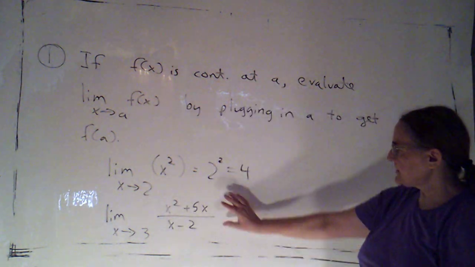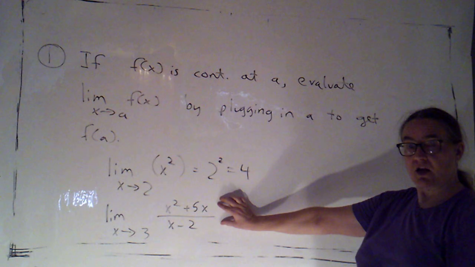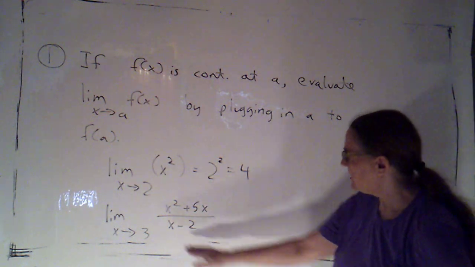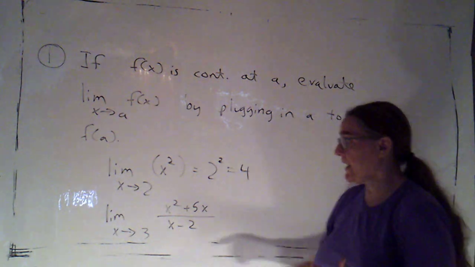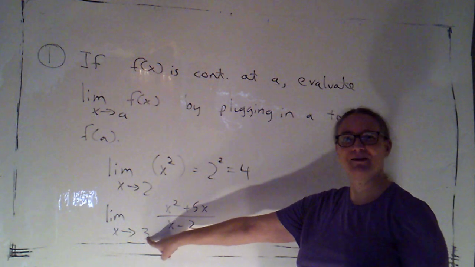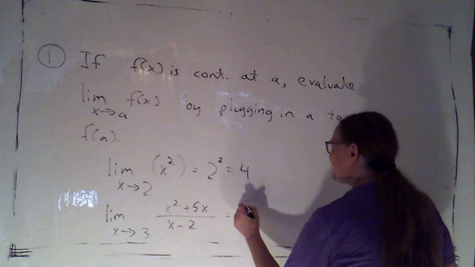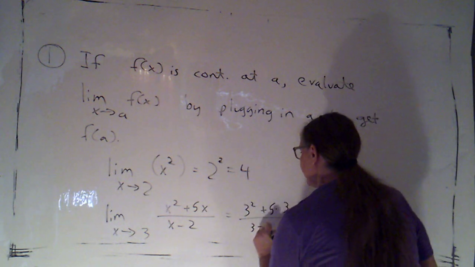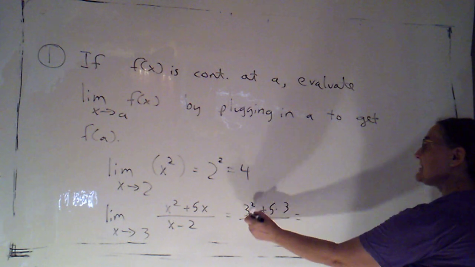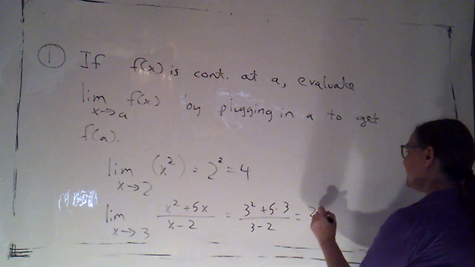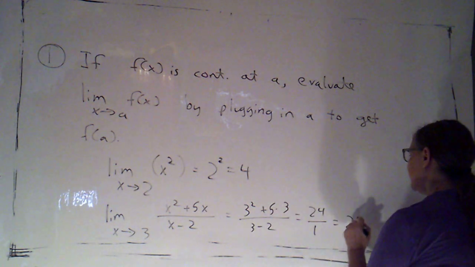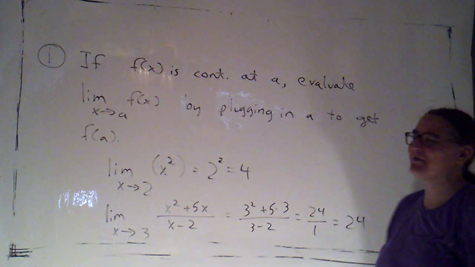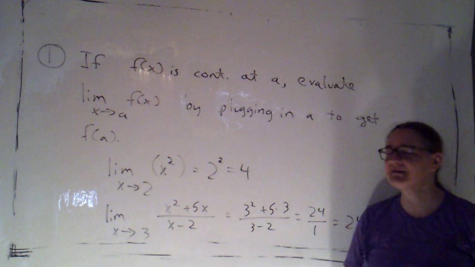Now this is a rational function. Rational functions are continuous on their domains. 2 wouldn't be in the domain, but I don't care because I'm taking the limit as we approach 3. So this would just be 3 squared plus 5 times 3 over 3 minus 2. That's 9 plus 15 is going to be 24 over 1. So that's just 24.